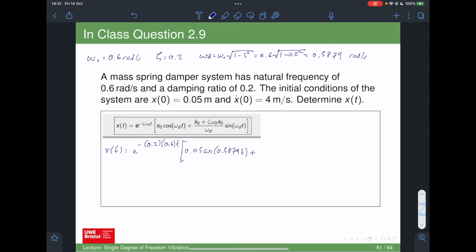Then we've got 4 plus 0.2 times 0.6 times 0.05, over 0.5879, sine.